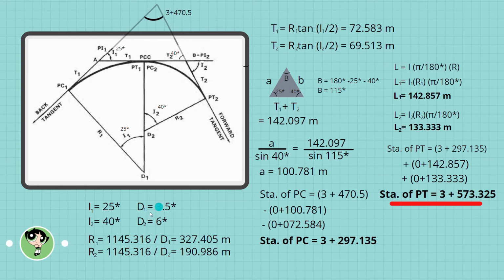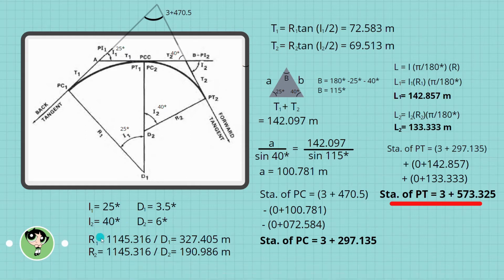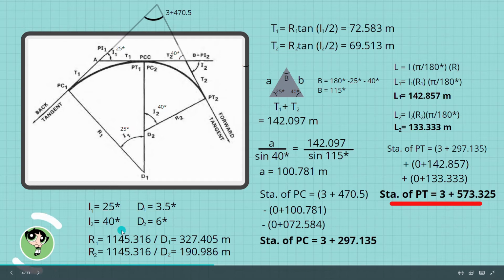So, let's start. Our given are I1, which is 25 degrees, I2, which is 40 degrees, D1, which is 3.5 degrees, and D2, which is 6 degrees. We have the formulas right here. It was explained earlier in the simple curve where 1,145.316 over D comes from.